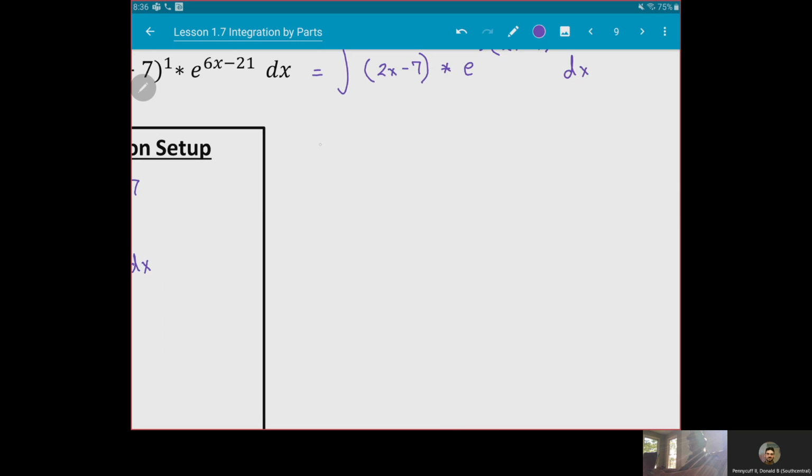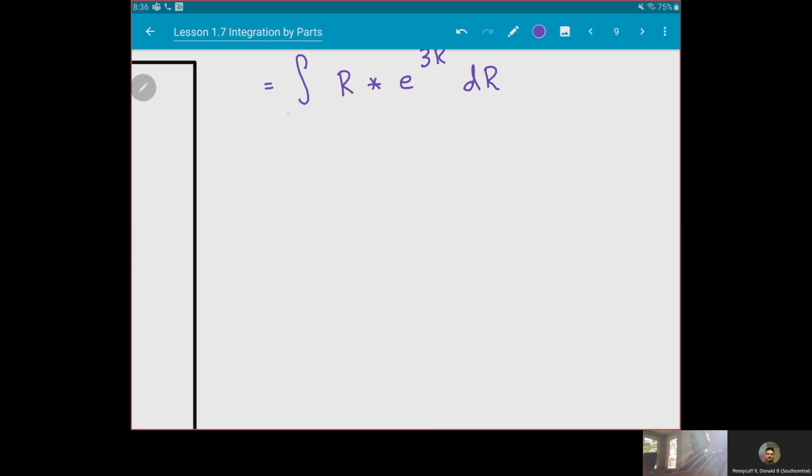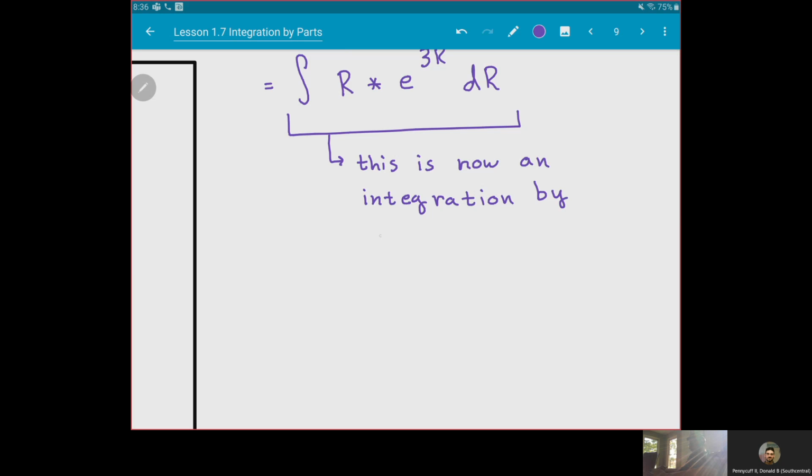So this is going to give me the integral of R times e to the 3r dr. This is now an integration by parts problem.